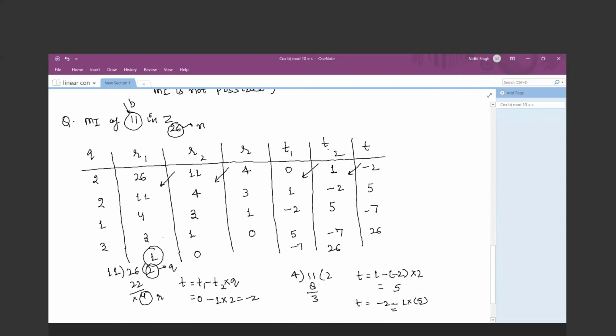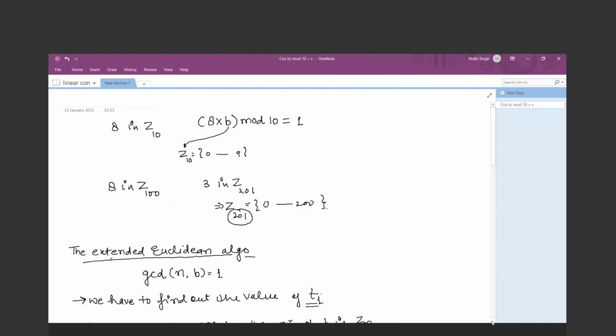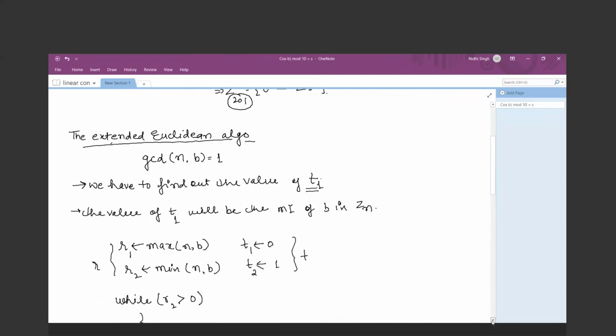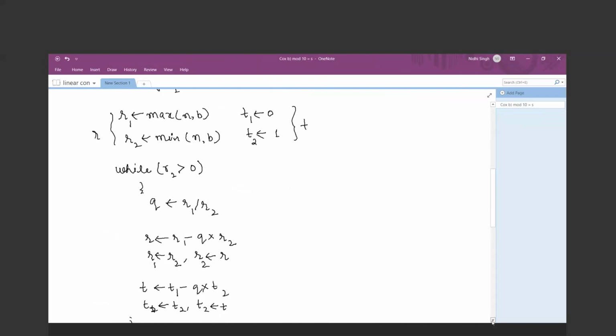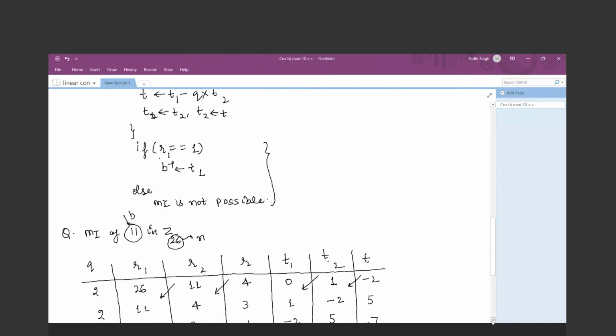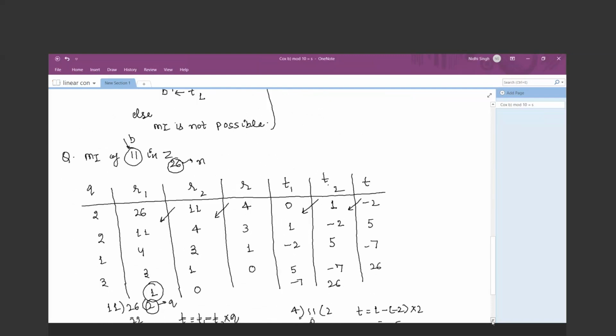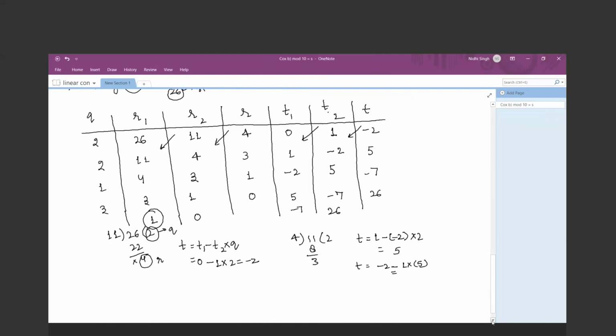If it is the case, the algorithm says the value of T1 will be the answer. So what is the value of T1? Value of T1 is -7.